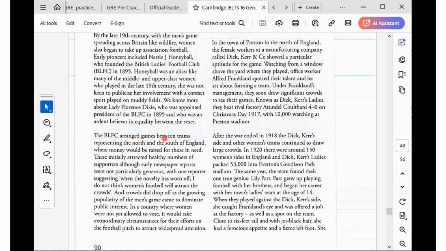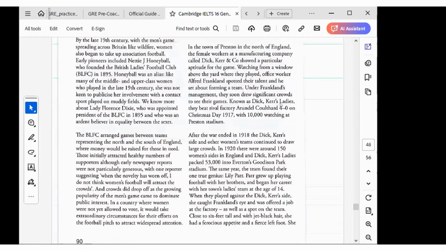The BLFC arranged games between teams representing North and South of England, where money would be raised for those in need. So they raised money during the football matches.